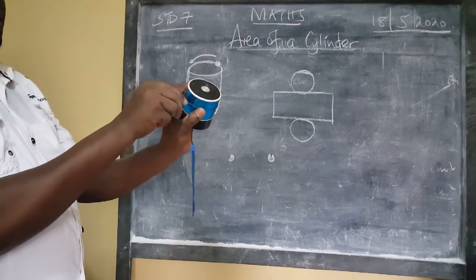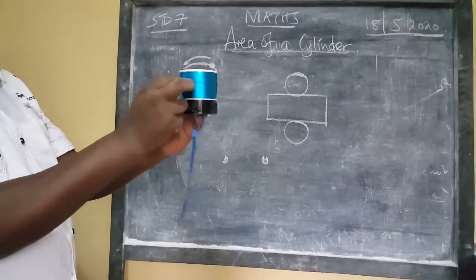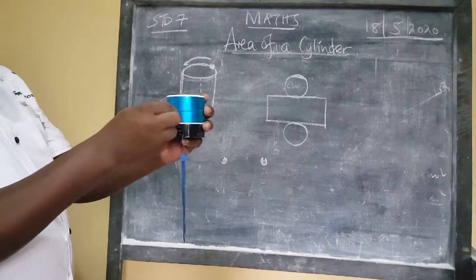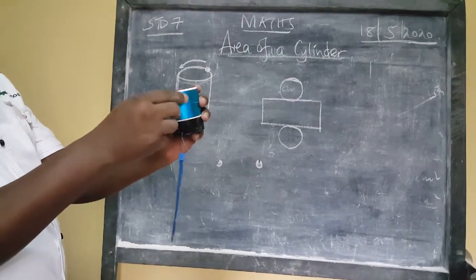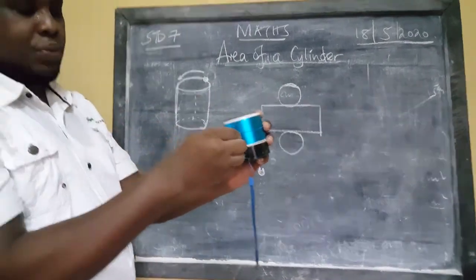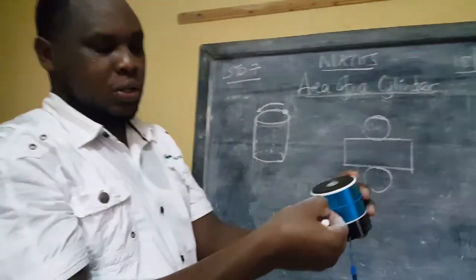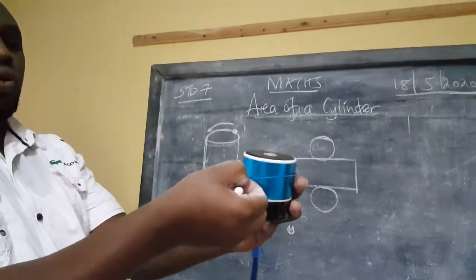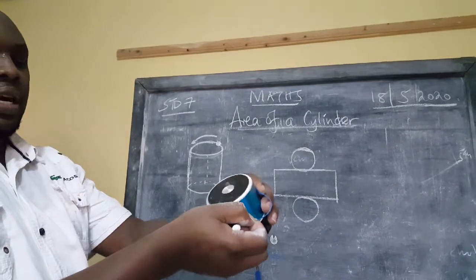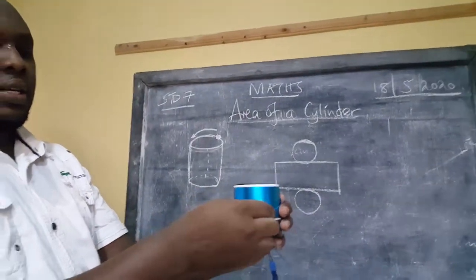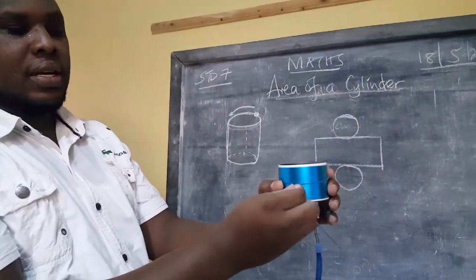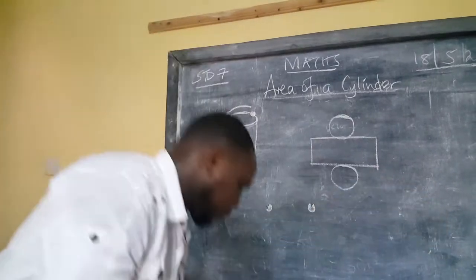I want you to see, Lana. I want us to tie it so well here, up to that. So you can see we have tied it so well here around this surface, like this, like that. Then we remove it now.